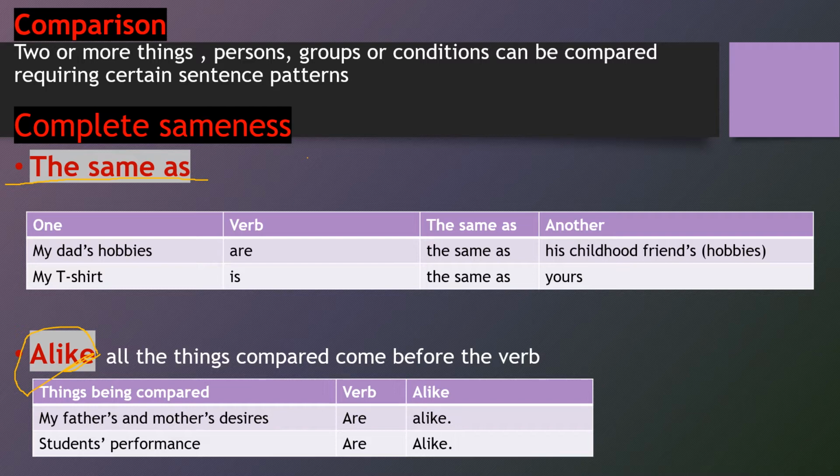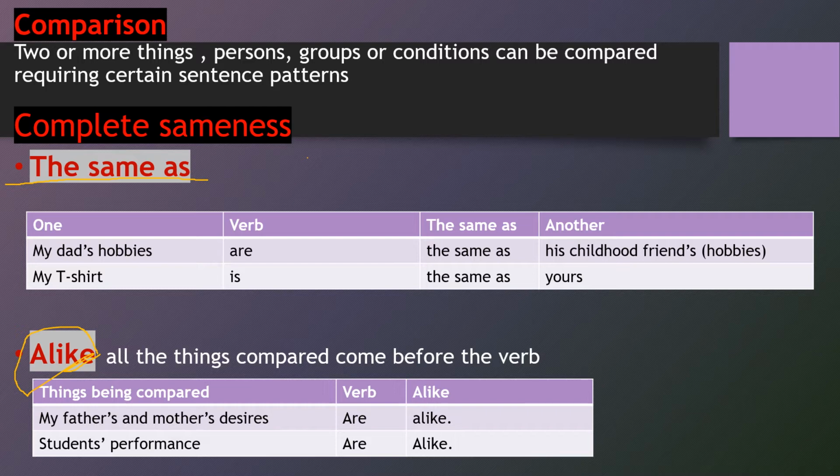So look at the pattern. First of all, you mention the first thing that you want to compare: my dad's hobbies. Then the second thing is the verb, then the tool, which is "the same as", and then you mention the other thing that you are comparing to.